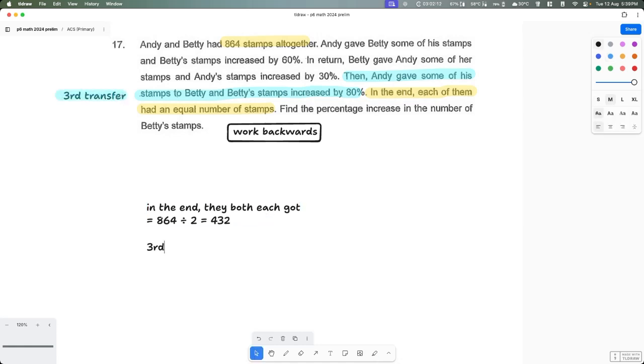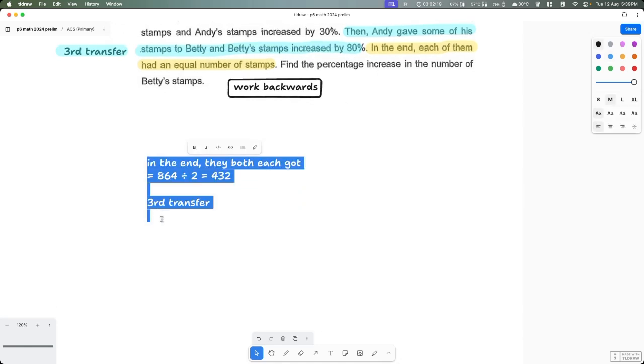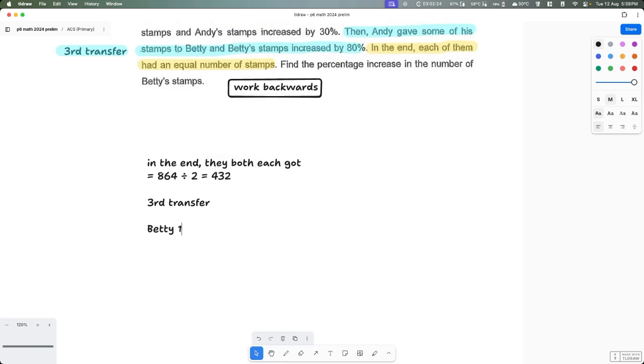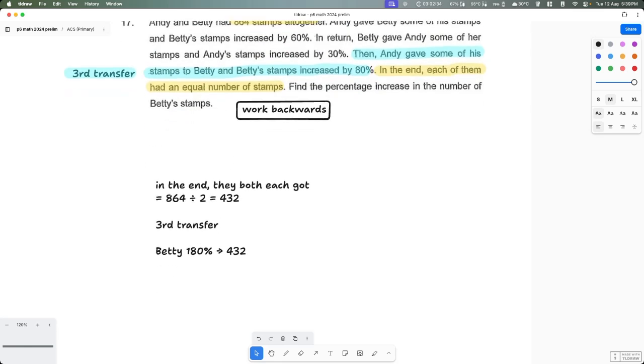For the third transfer, we know that Betty's stamps increased by 80%. So Betty is 180% from 100%, which is also 432 stamps. So when we go to Betty's 100%, this becomes 432 divided by 180 and then times 100.